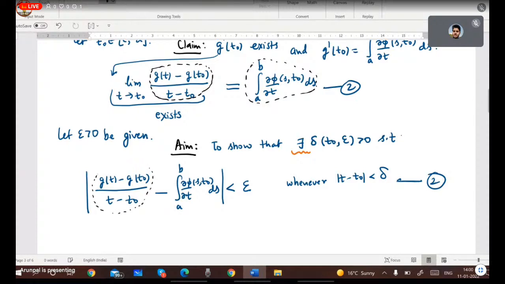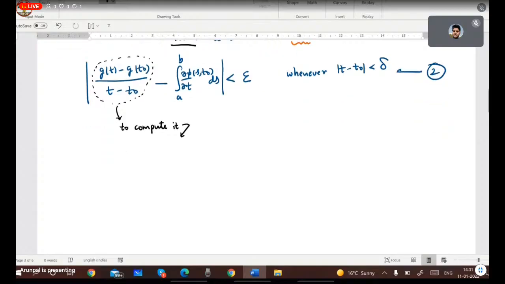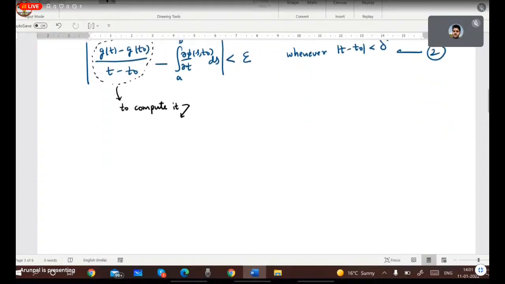So we shall be computing this expression separately. So now our next step is to compute this. This is our next step. And class, this is perhaps the most important part of the proof of this part. See how I'm proceeding now.